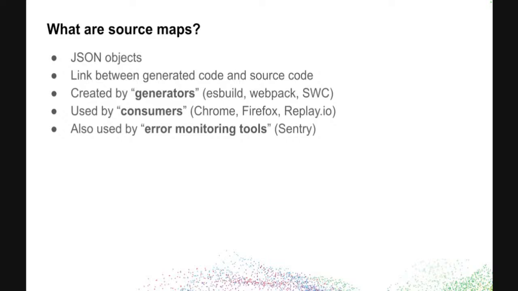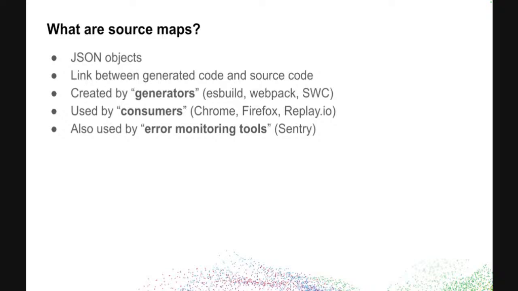So if you imagine you write two TypeScript files, you run a bunch of tooling on it, and then you deploy one JavaScript file, the source map will help link points in the JavaScript file back to your original plain TypeScript file. And that applies for WebAssembly and C++, all of that stuff. They're a way to say, if I'm stopped here, what was the original code that generated this? They're not created by individuals, handwritten for the most part. They're created by the tools that you use.